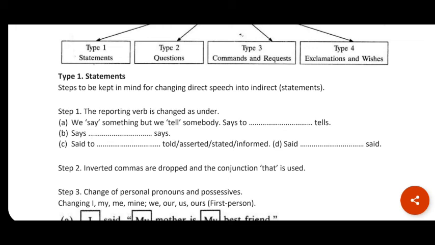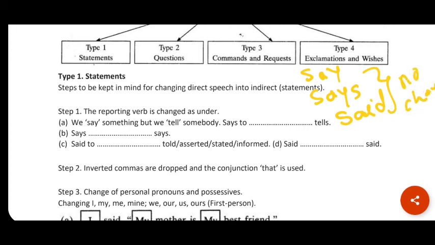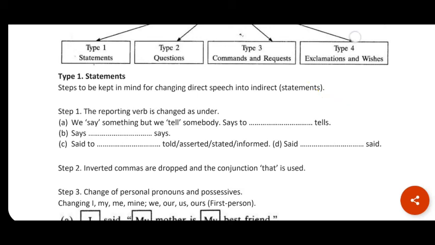So how is the reporting verb changed? If the reporting verb is say, says, said, there is no change. It remains the same. But if the reporting verb is say to, it becomes tell.